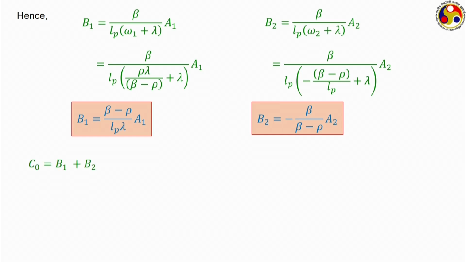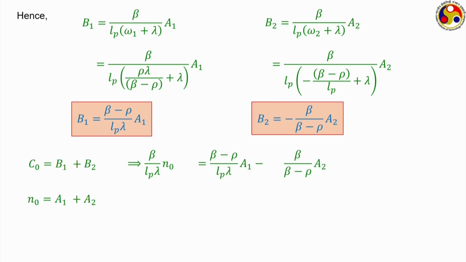Now, we have already seen that C naught equal to B1 plus B2 and N naught is equal to A1 plus A2. So, use this expression for B1 and B2 into this, and also the relation between C naught and N naught that we have developed in the previous slide. If we put all of them, this is what we are getting from the first equation, as we have already derived C naught is equal to beta by LP lambda into N naught, and these two expressions for B1 and B2 we have just developed above.